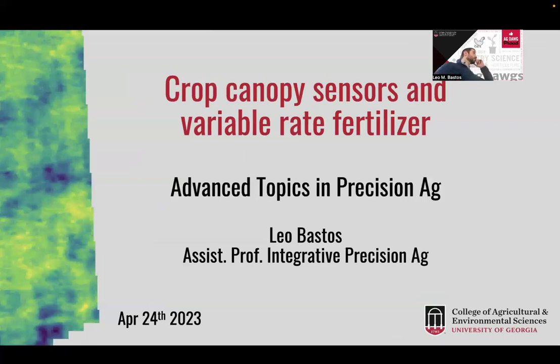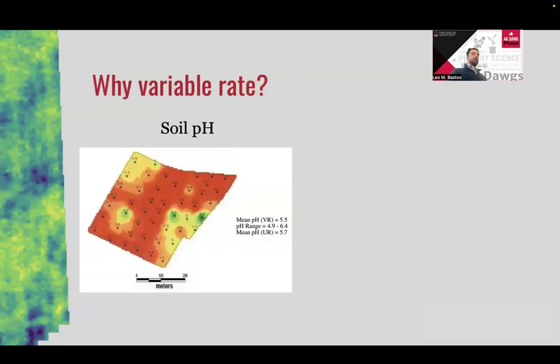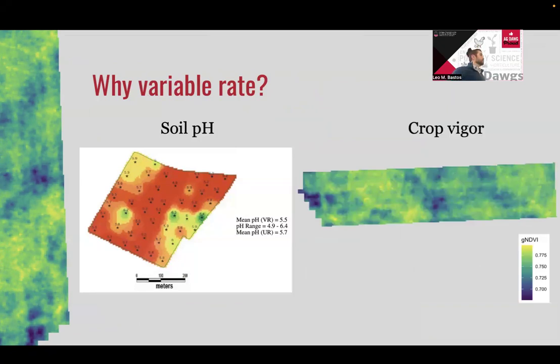All right, so quick review on what we talked about last class that you watched on video, and then we'll resume with today's content. We first talked about why variable rate, basically because we have variability in the field that can stem from soil properties, like in this case a map of soil pH, or just crop vigor that is a function of those soil properties being variable as well.